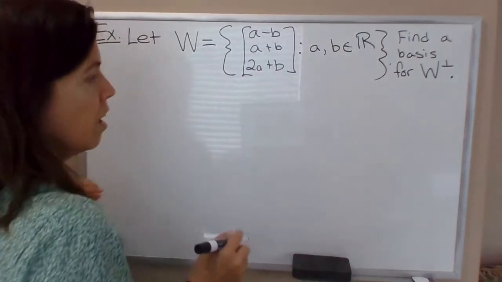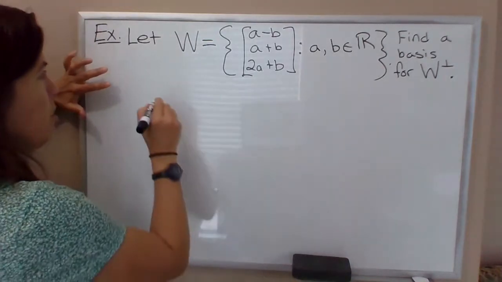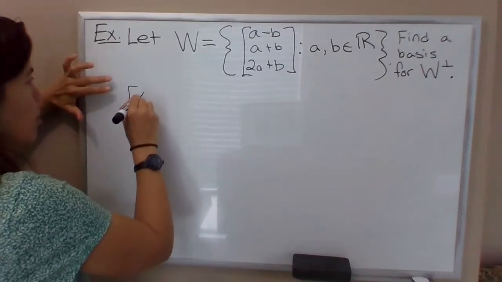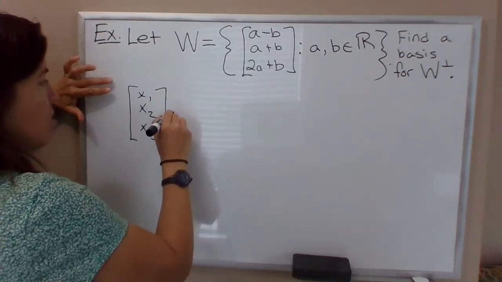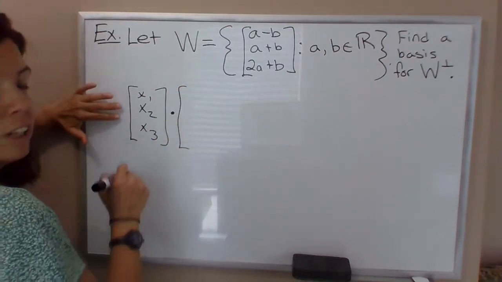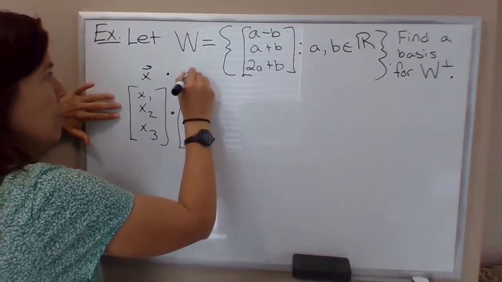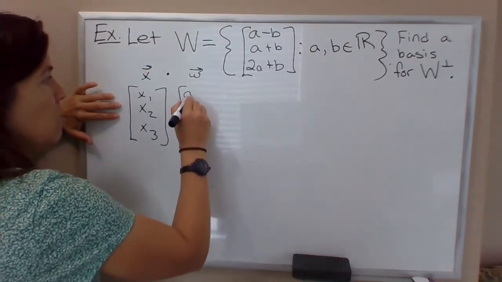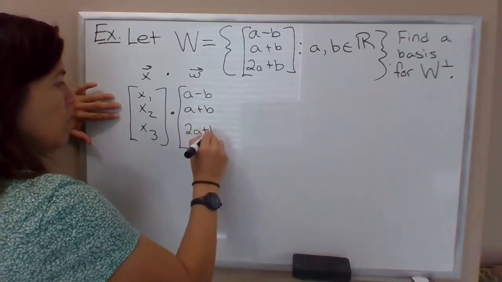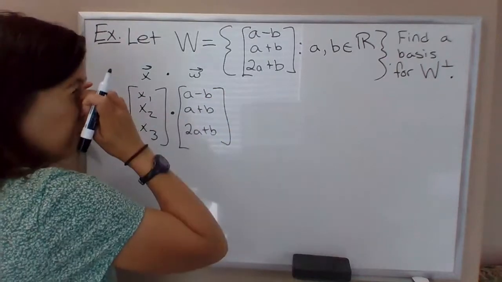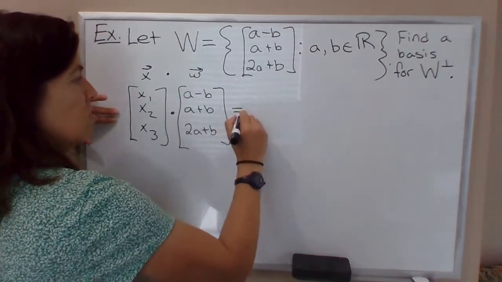Taking a straightforward approach, we're looking for all vectors x = (x1, x2, x3) such that the dot product of x with some random vector in this subspace W, whose entries have the form A minus B, A plus B, 2A plus B, must equal 0, since x must be orthogonal to any element of W.